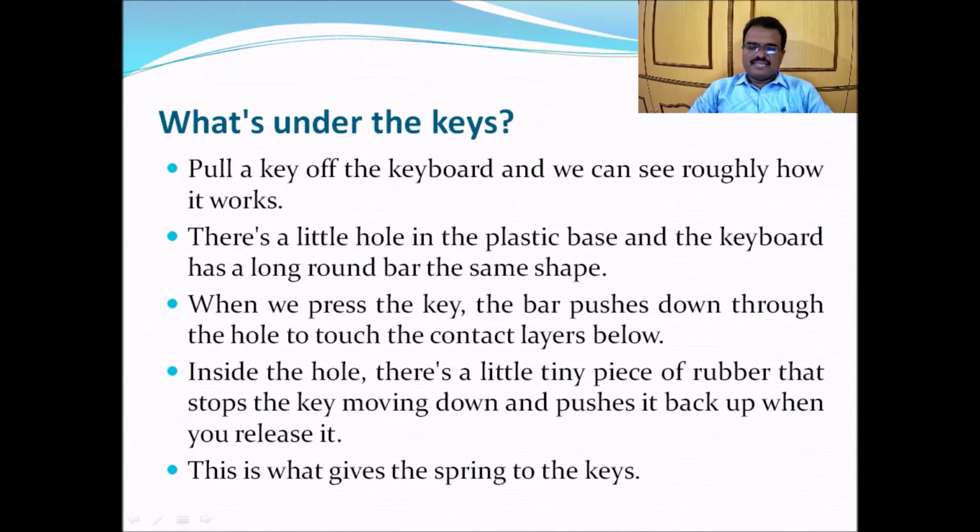When we press the key, the bar pushes down through the hole to touch the contact layers below. Inside the hole, there is a tiny piece of rubber that stops the key moving down and pushes it back when we release it. This is what gives the spring to the keys.